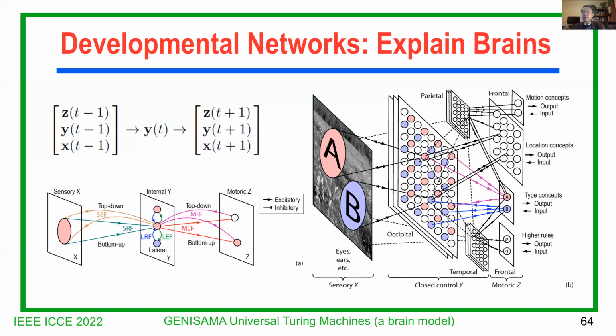So then you can have a meaning, and a meaning into the higher rules, for example, that give you this one is going to have more of a type, and here is more of a location. And you can see that the later area is more abstract, and the early area is more sensory.